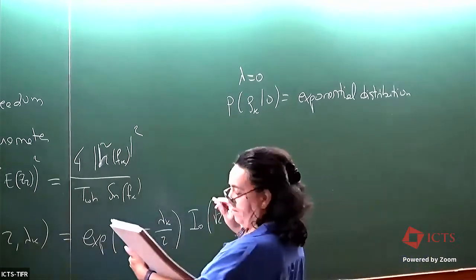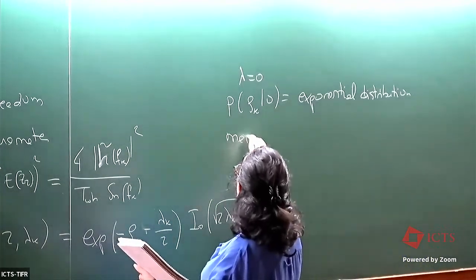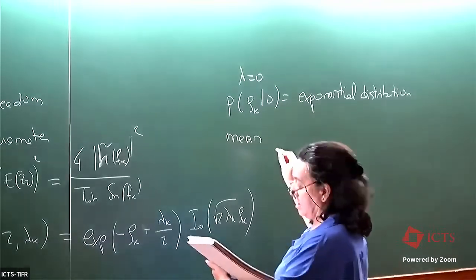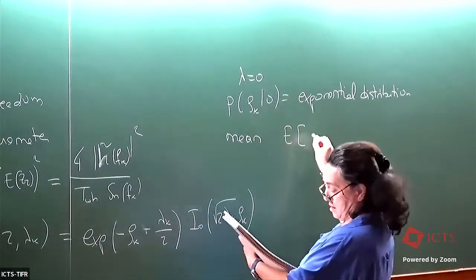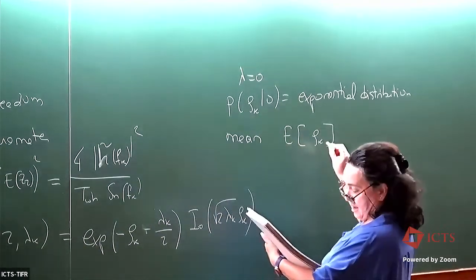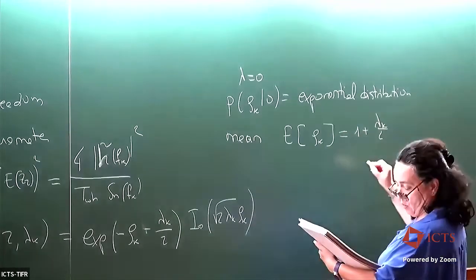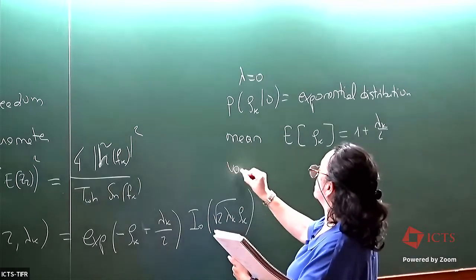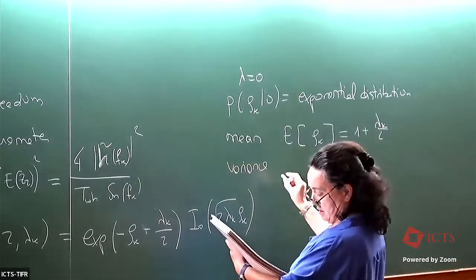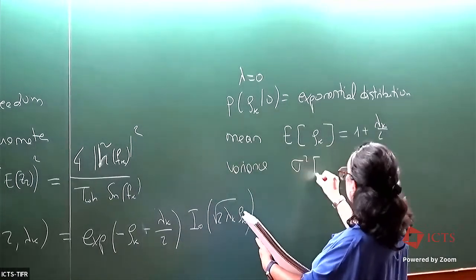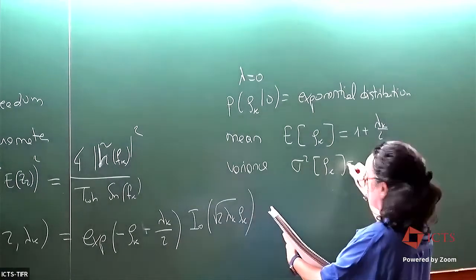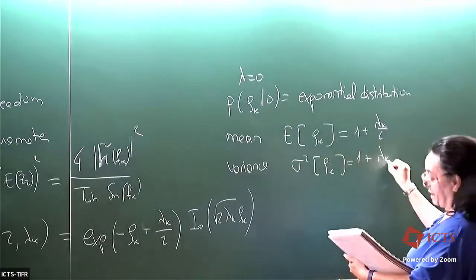The mean of rho k is 1 plus lambda k divided by 2. The variance of rho k is 1 plus lambda k.